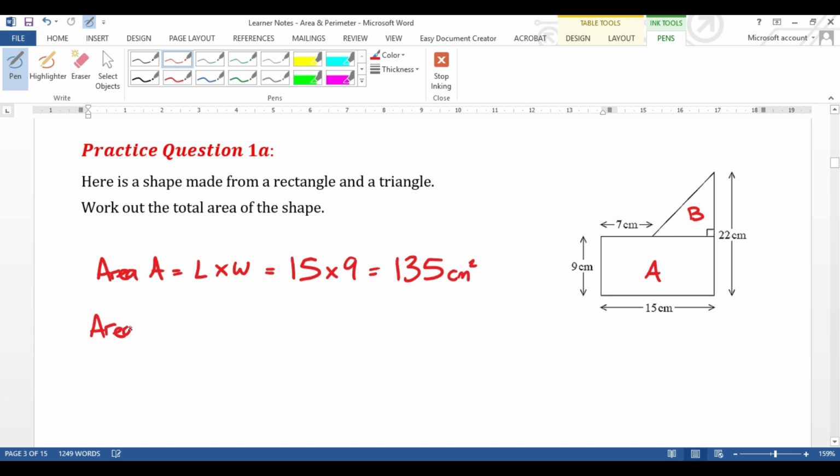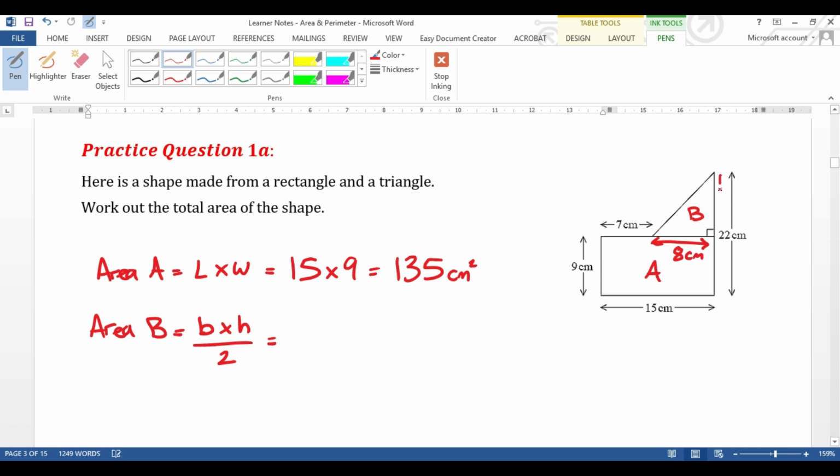Area B, that's a triangle, so I'm going to need base times height divided by 2. So I'm going to need a base here. 15 take away 7, which is 8.